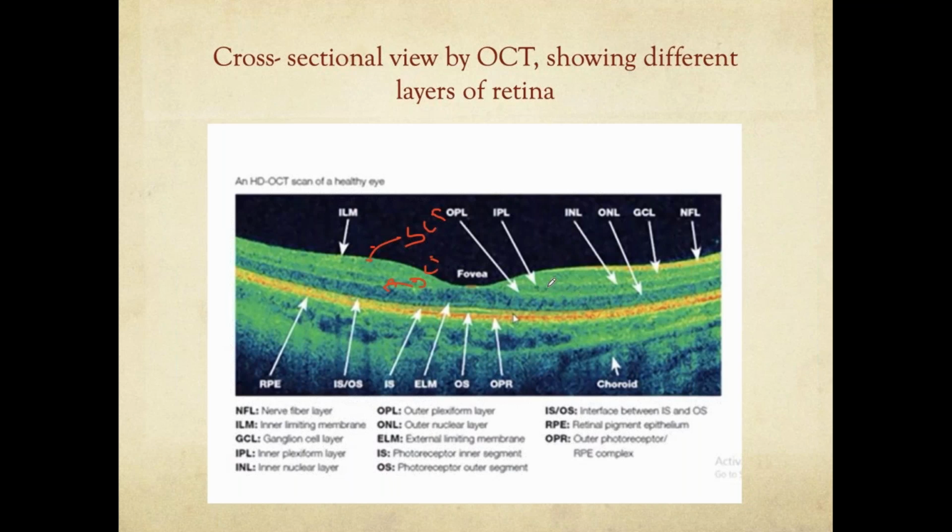Once these wires have been cut off, the signals that are created here, even if this patient has a completely fine RPE, completely fine rods and cones, completely normal IS-OS junction, but once over here you see there's a splitting in the plexiform layer, these signals cannot be transmitted beyond this layer.